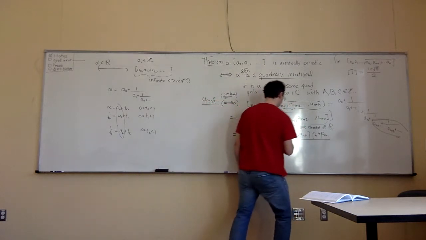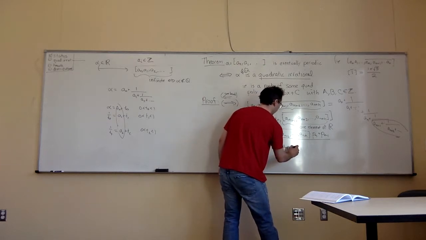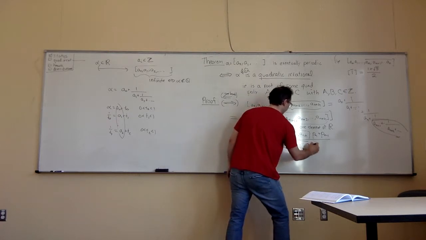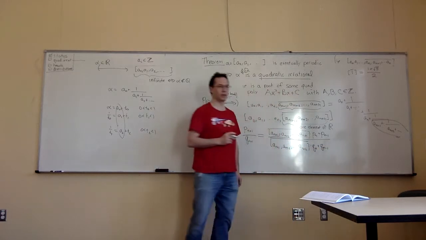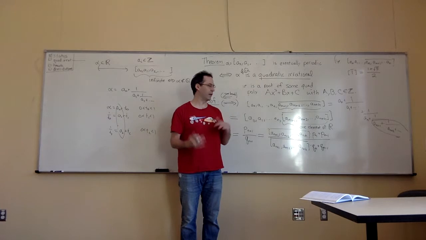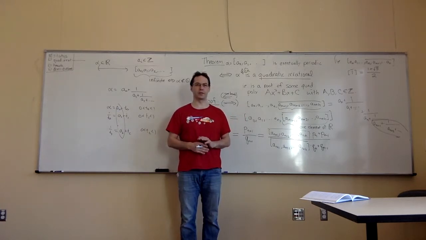Divided by, now it's exactly the same thing, but for Q, times Qn plus Qn minus 1. Okay? So I've used the thing that simplifies all the algebra which we proved on the first day when we started talking about continued fractions.